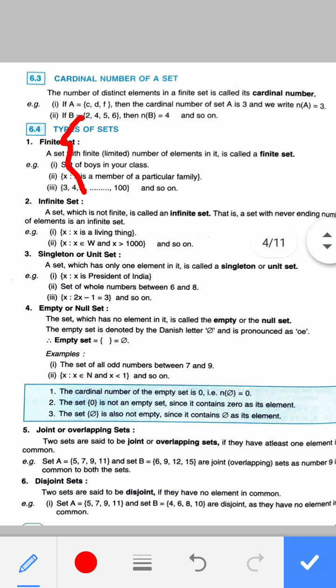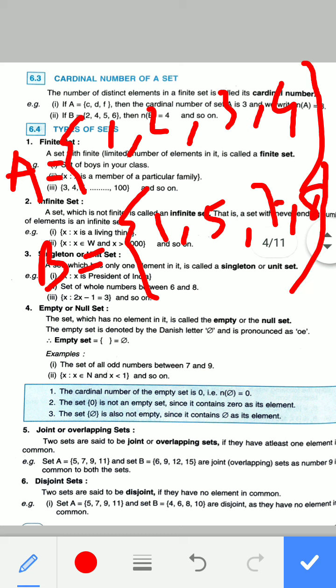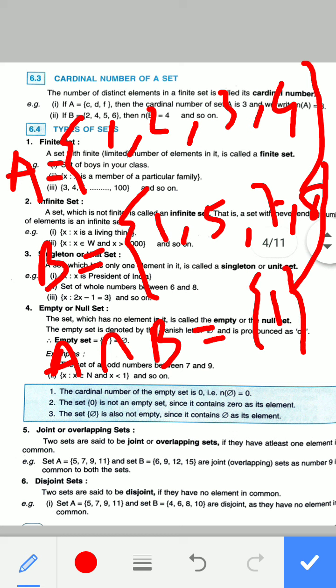Like 1 2 3 4, this is one set. Another set, 1 5 7 8. Overlapping means intersection, so A intersection B equals 1. So it is an overlapping set.